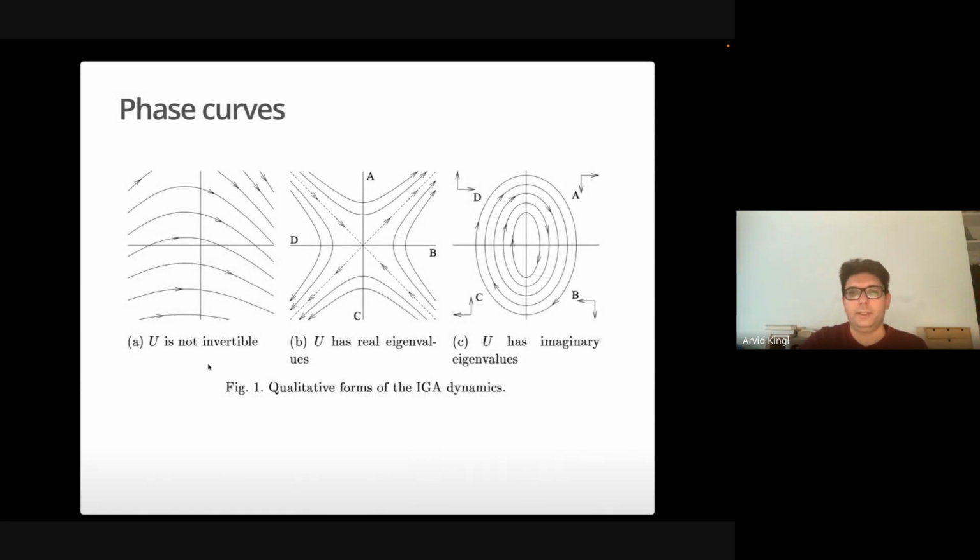So we can ignore the non-invertible case, but if we have real eigenvalues, either we move towards the equilibrium or get pushed out to the sides. So there's always going to be more than one stable equilibrium in the purely cooperative case, and you can choose which stable fixed point you want to align to.